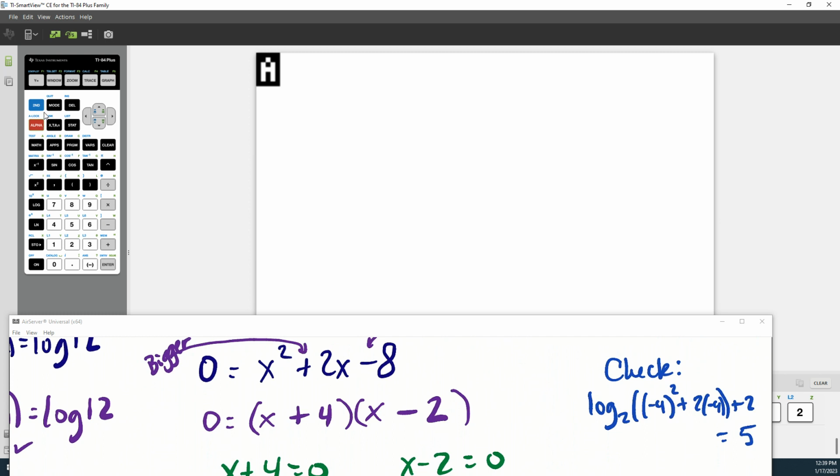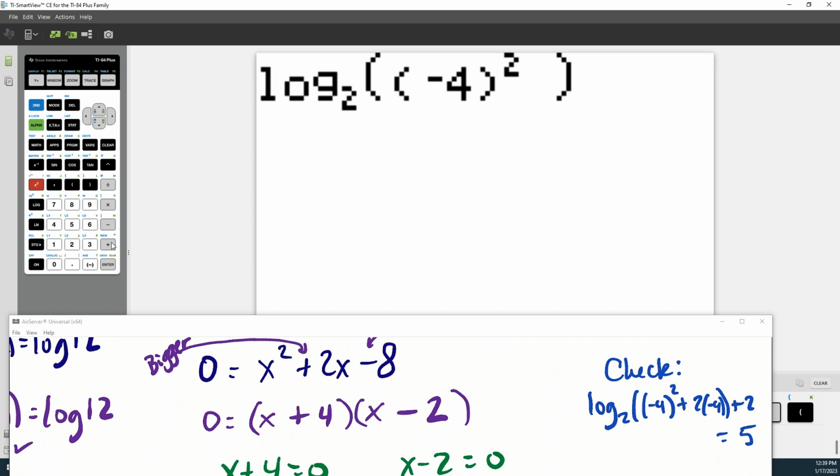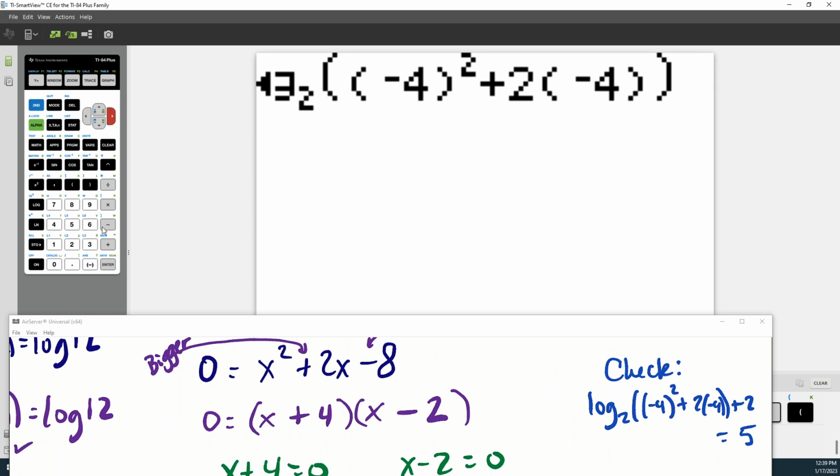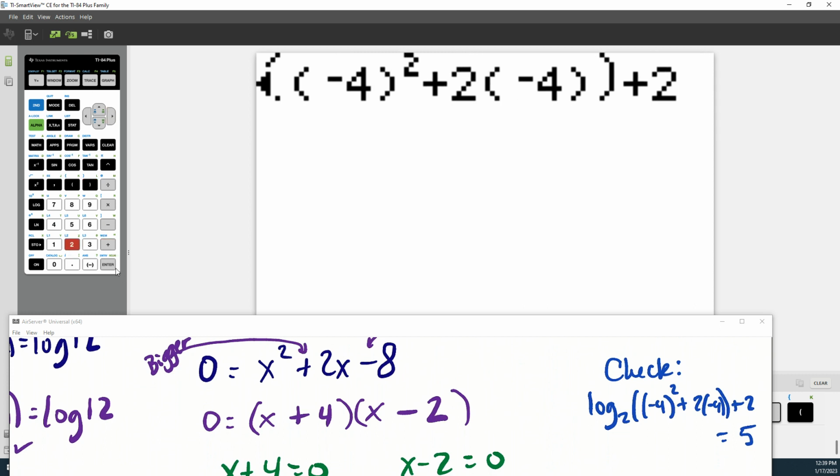All right, this one is base 2, so we do have to do log base. All right, and then outside the parentheses, we would want to do a plus 2.